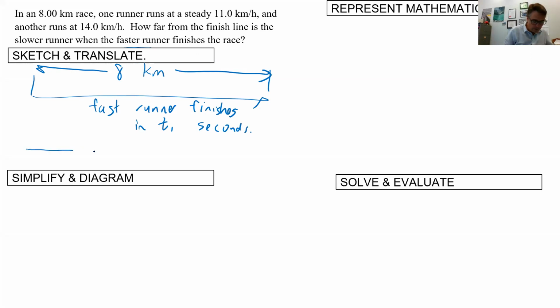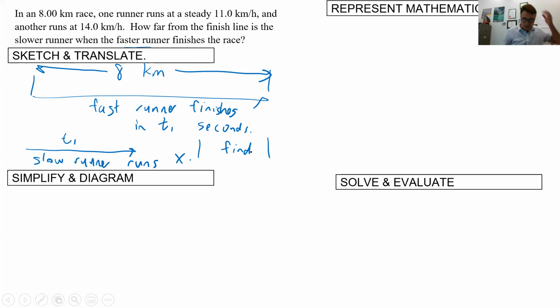And then over that time T1, this is the slow runner, runs X. And then there's some distance, I don't know what to call it, maybe C, where X plus C equals 8 kilometers. How far from the finish line is it? These are constant speeds.